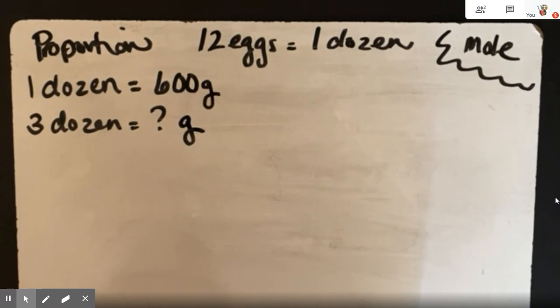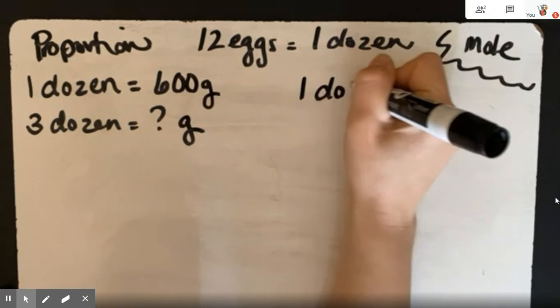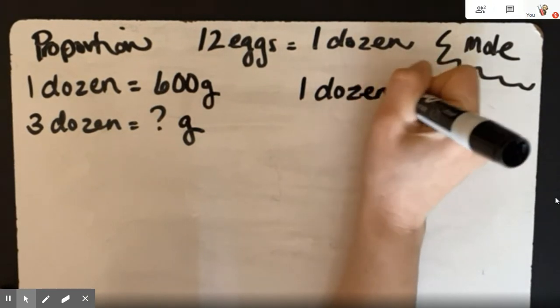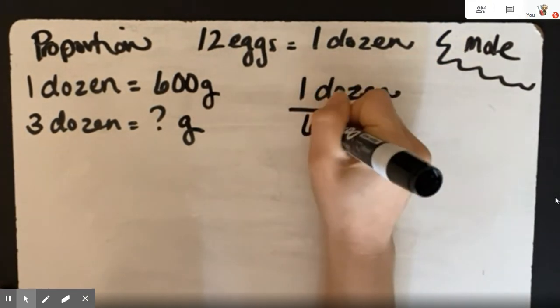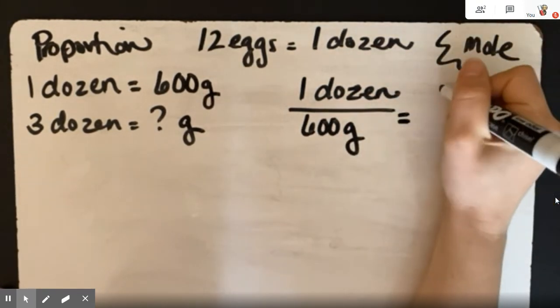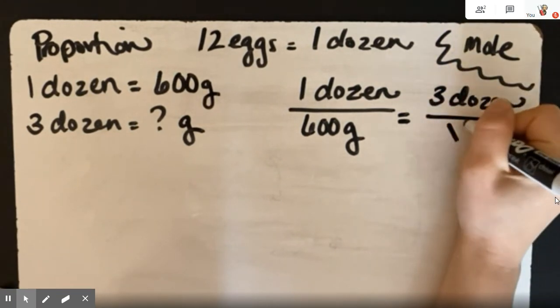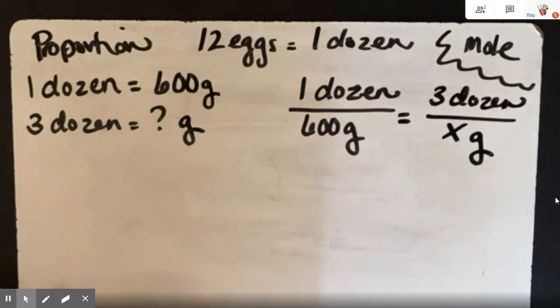To answer that question, we have to use something called a proportion. Some of you might be able to figure this out in your head. You're like, oh, if 1 dozen is 600 grams, then 3 dozen is, and you can do the math. But what you're really doing is a proportion. You're assuming that if 1 dozen is equal to 600 grams, then 3 dozen eggs would be equal to an unknown amount of grams.